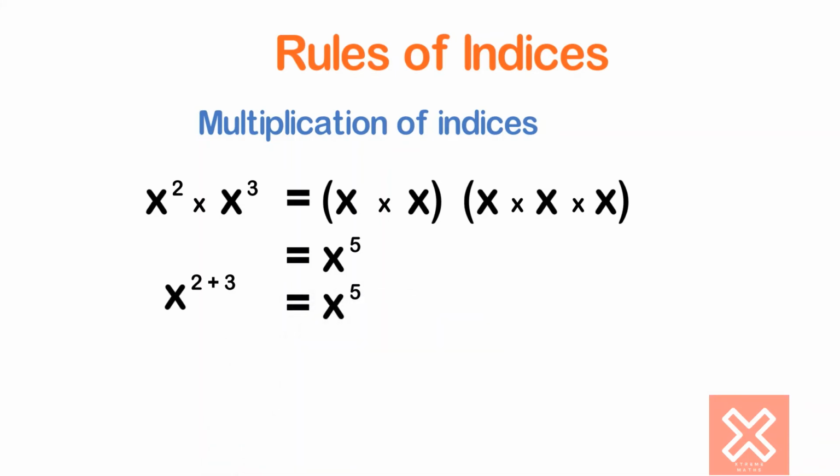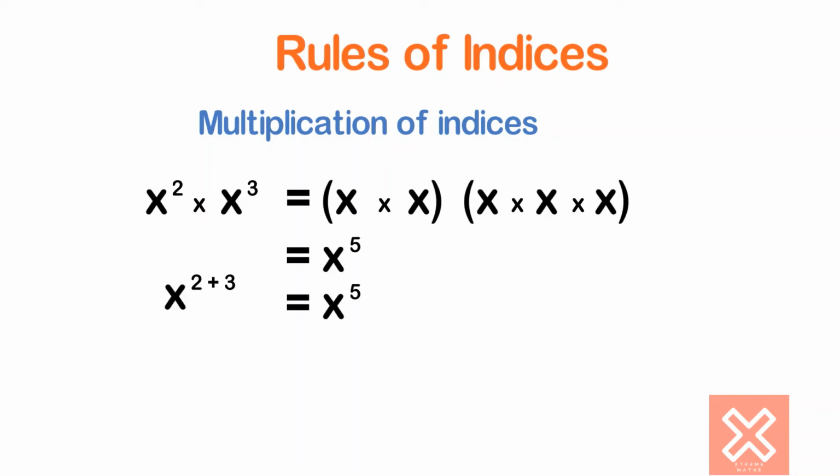Then our first rule is what? When two powers are multiplied, their indices can be added if they have the same base. Again I will tell it. When two powers are multiplied, their indices can be added if they have the same base.